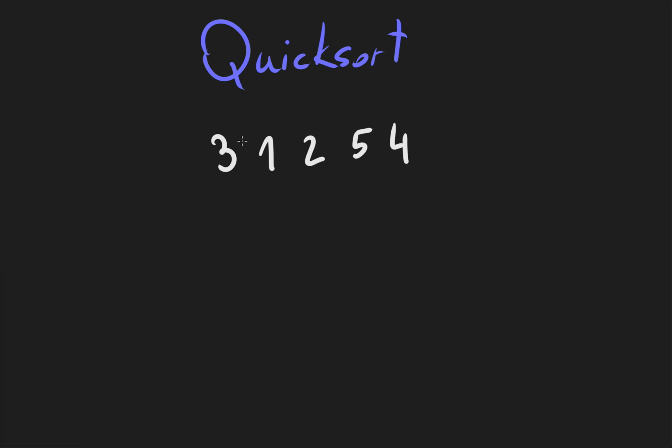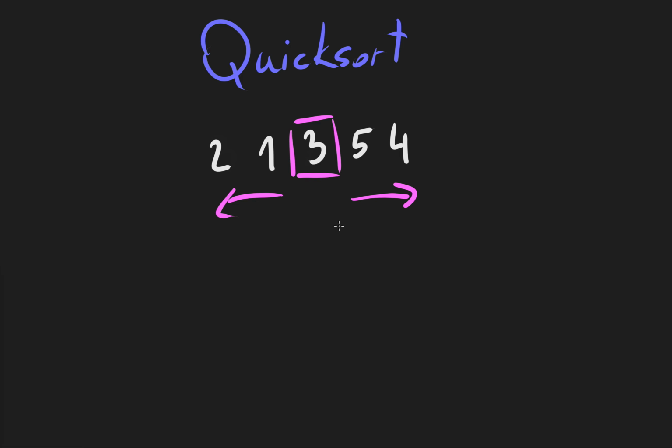In this case, we will choose the first integer as our pivot, and all we need to do is move the pivot to the correct position, right? So in this example, if we do this, 3, 2, we can see that 3 is sorted. 3 is in the correct position, and that's because all the numbers on the left side are smaller than 3, and all the numbers on the right side are bigger than 3.